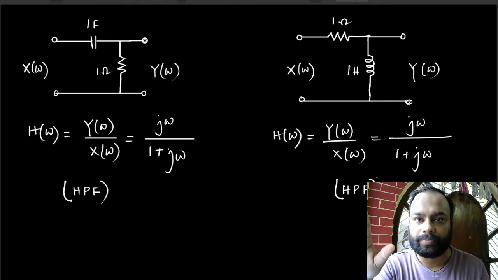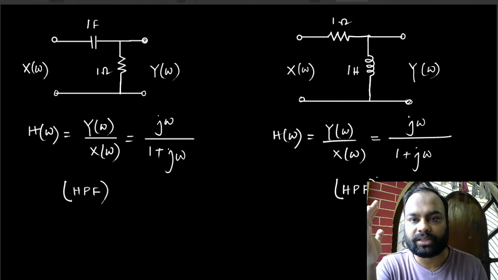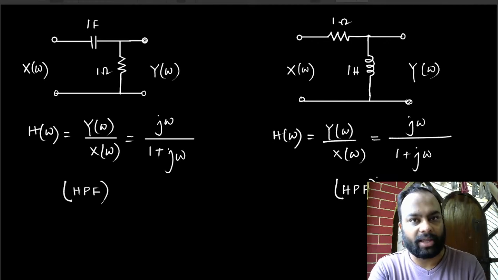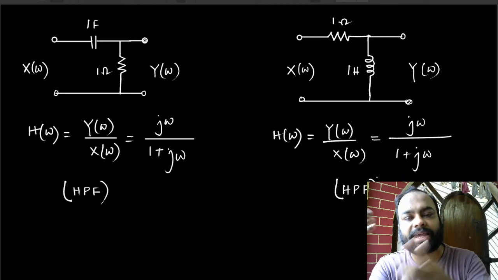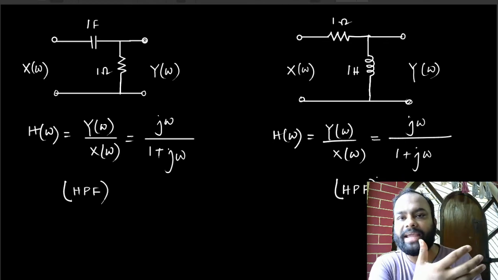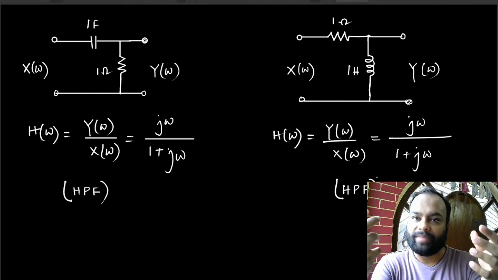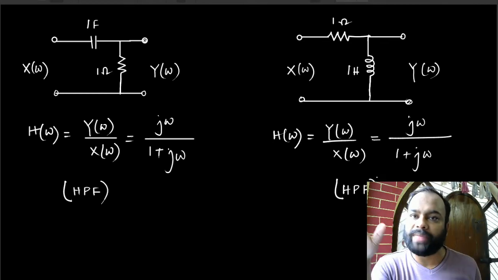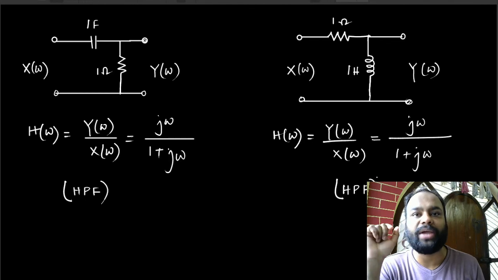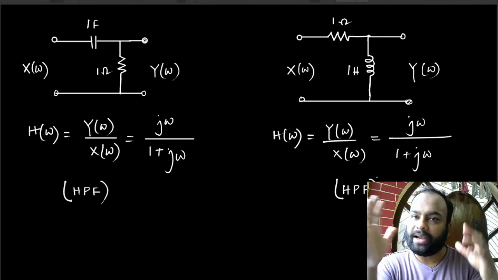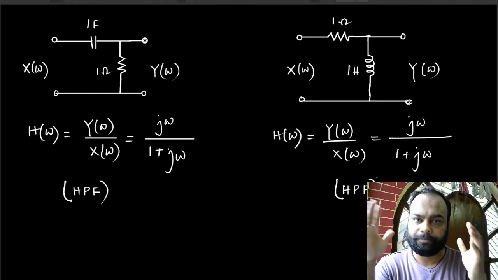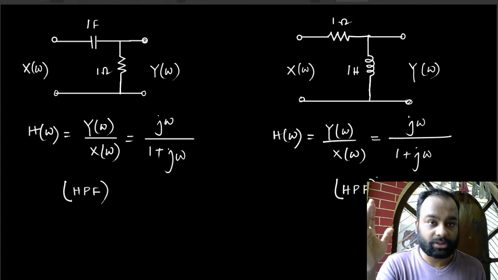Because if I have the impulse response, I can convolve that with any arbitrary signal to calculate the output. If we have the impulse response, we can take the Fourier transform of that and we get the frequency response. So we can understand all the behavior of the system by having the impulse response of the system.